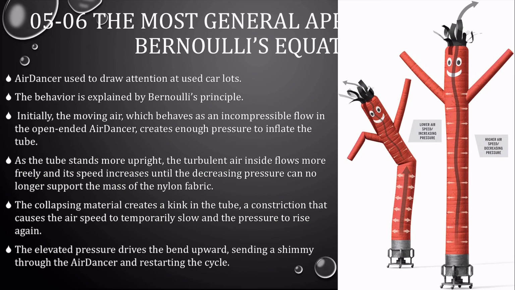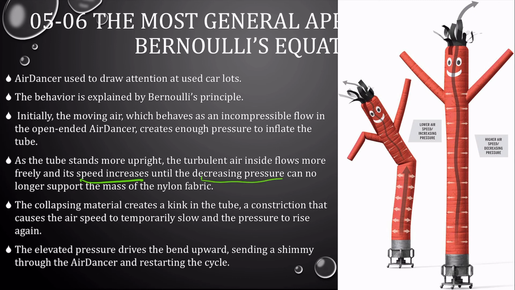An air dancer is used to draw attention at used car lots. The behavior is explained by Bernoulli's principle. Initially, the moving air, which behaves like an incompressible flow in the open-ended air dancer, creates enough pressure to inflate the tube. As the tube stands more upright, the air inside flows more freely, and its speed increases.